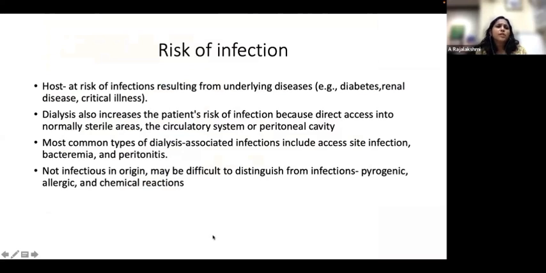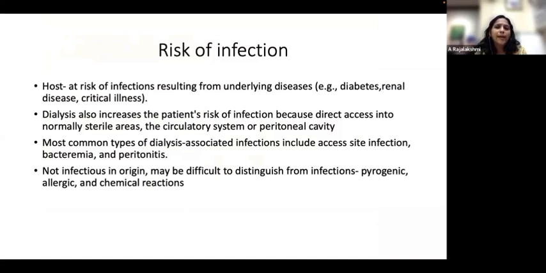The risk of infection is multiplied by the host risk factors and several other factors. Dialysis patients are mostly diabetic. They have renal disease. They are also critically ill most of the time. They are at highest risk of infection because of the underlying multiple medical problems.